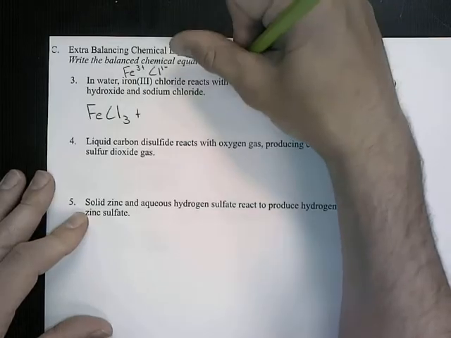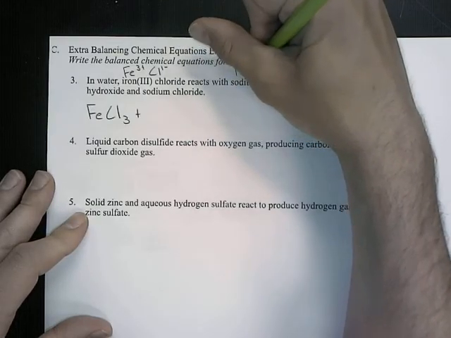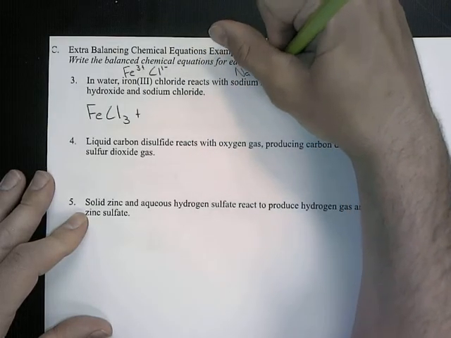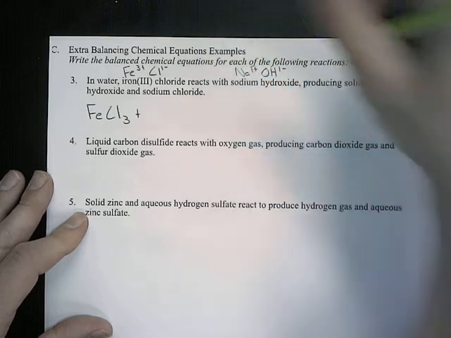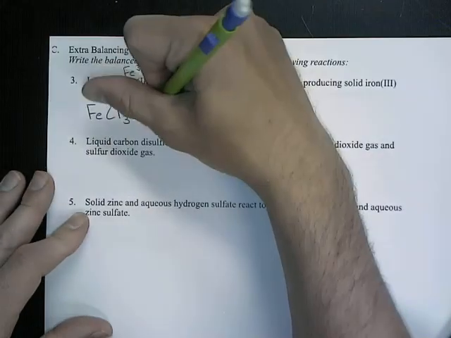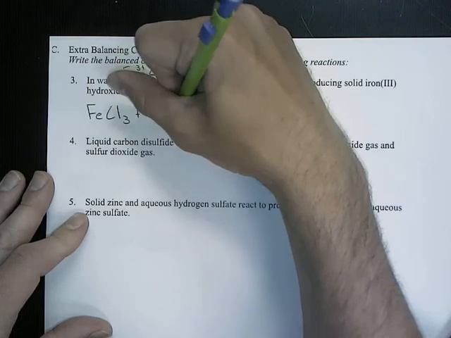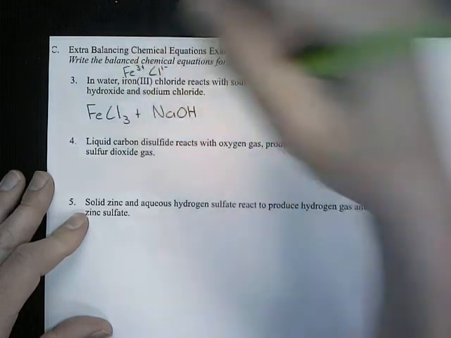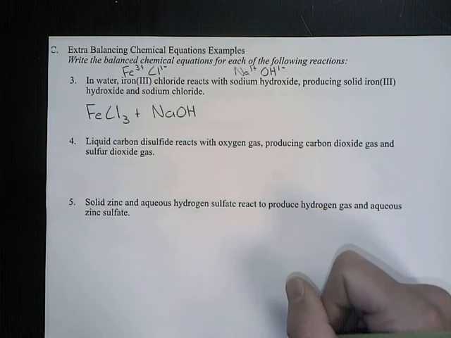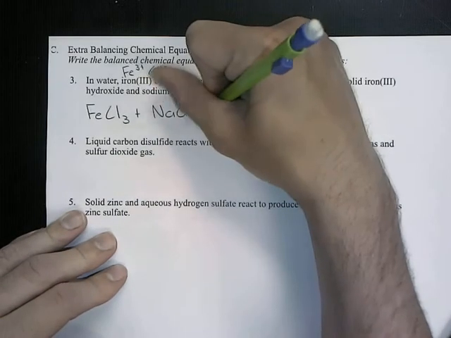It reacts with sodium hydroxide, so that's saying we need to add that to the reactant side. Again, sodium hydroxide is Na 1 plus, and OH is hydroxide with a 1 minus charge, so it would be NaOH. And it produces solid iron 3 hydroxide.